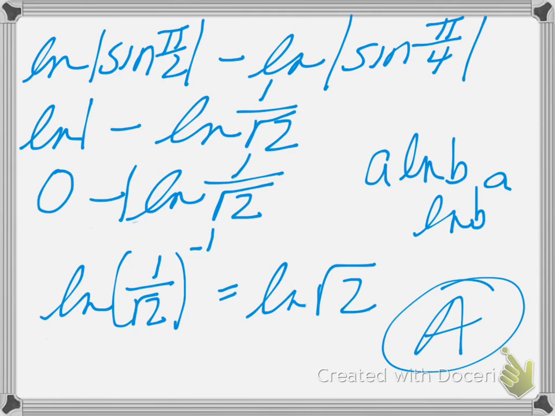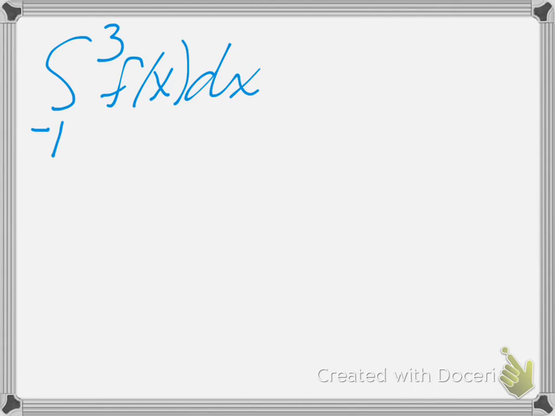Okay, let's move on to number 4. We're looking for the integral from -1 to 3 of f of x dx, except we don't have a function for when it goes from -1 to 3. We have one function that goes from -2 to 2, and one function that is anywhere else.